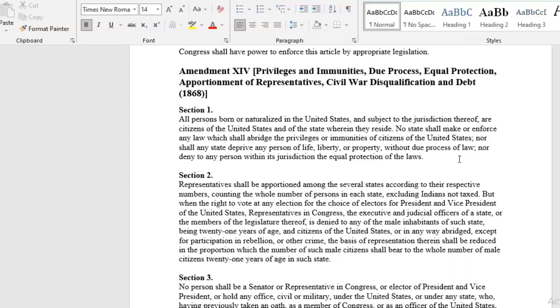But you need to know not only that, but you need to understand at least how to find codes that you need to find or Supreme Court rulings that you may need to find to help you back up your case. And we're going to teach you all of that stuff here.